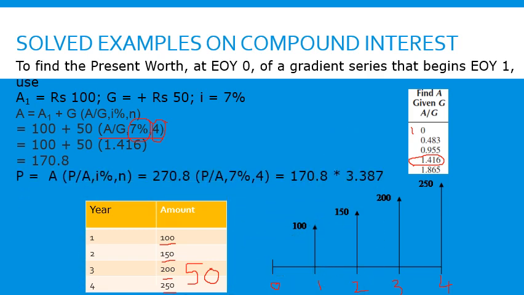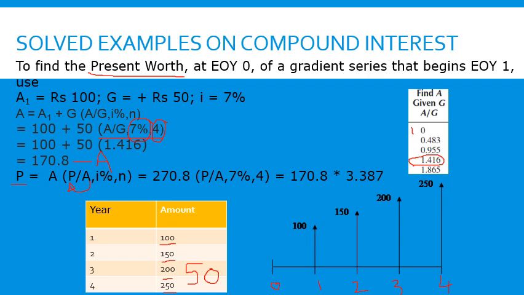Okay, the next step is, now I have to convert this A into P, because that is the question asked, present worth. How do I do that? Using the factor P by A. P by A means A is getting converted into P. So P is unknown.